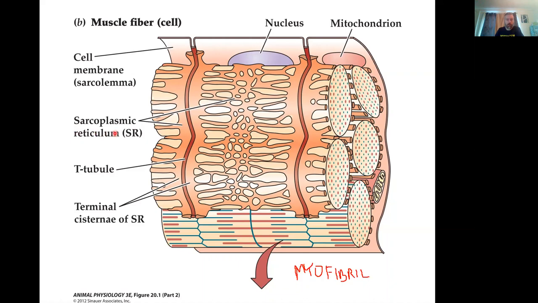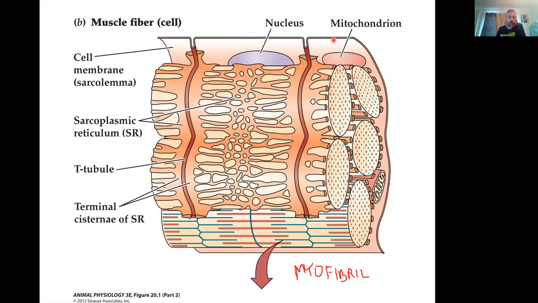This is called the Sarcoplasmic Reticulum. If you remember the endoplasmic reticulum, which in a normal cell, right, processes either protein or a fat, here the Sarcoplasmic Reticulum is that same tissue, but instead what it does is it stores calcium, and that's going to become really, really important for us later on.